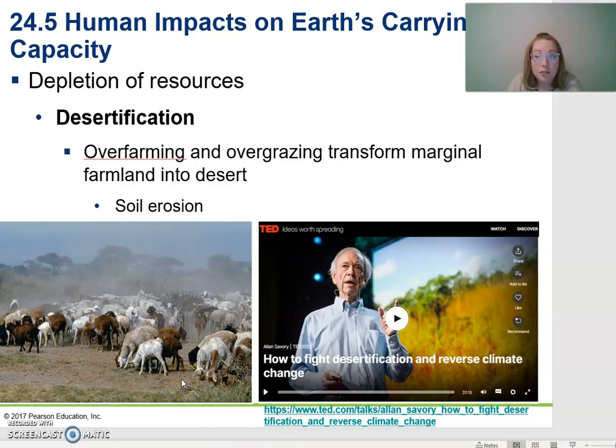This is happening all over the earth at a quick rate. There was a really interesting TED Talk by Alan Savory about desertification, and he actually argues that they use grazing, but they move the grazers from area to area so one doesn't get overgrazed. And then as the grazers move through, stomp things down, urinate, and deposit feces, they're putting new nutrients in.